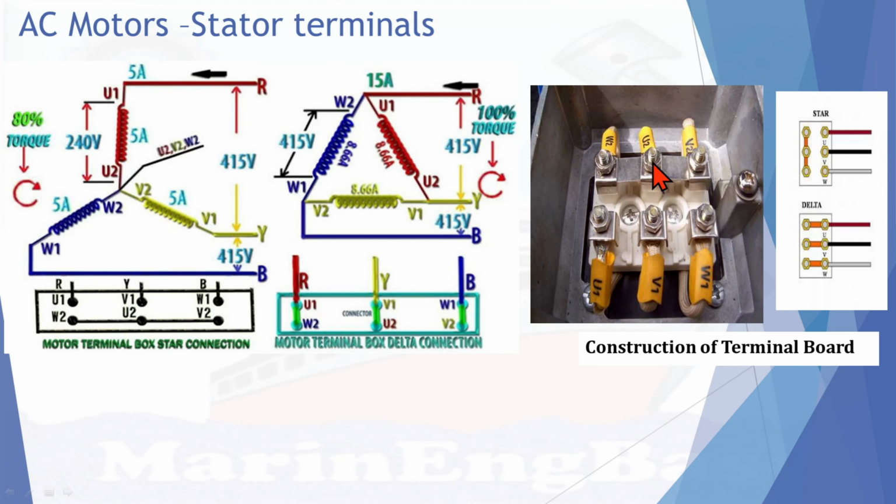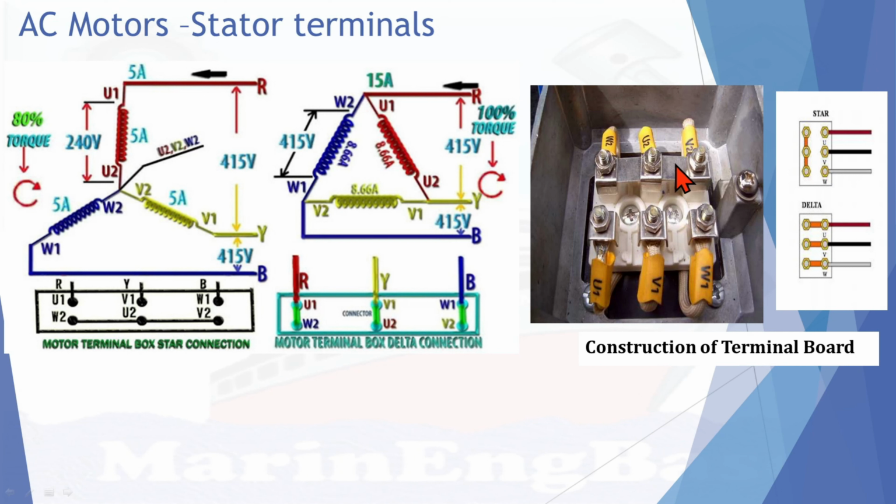Then you have to connect in this way, arranged like this. So connect W2 to U1, U2 to V1, V2 to W1. You can see W2, U1, U2, V1, W1. So easily you can swap the motor stator connection between star or delta.